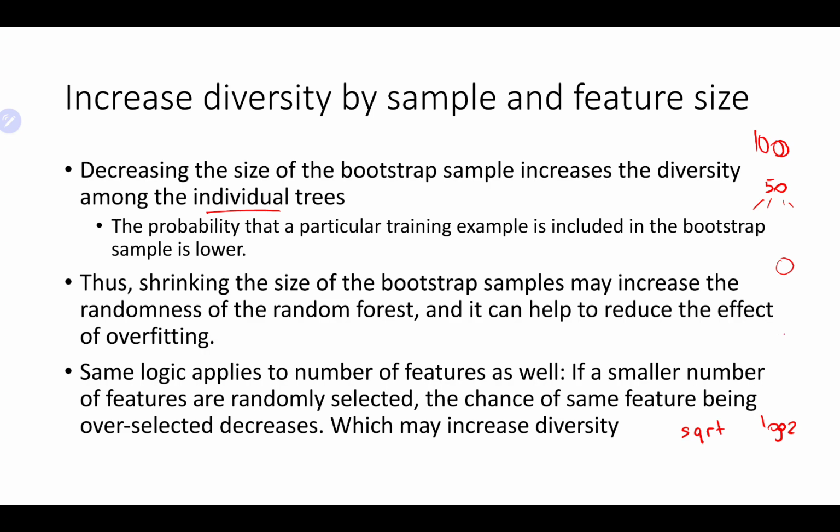But if you decrease the number of features to be considered, then the chance of that dominant feature being selected decreases. And since that chance decreases, the features selected at each node will be quite different among the trees. So each tree will be different from the others. In turn, this might increase the diversity in your decision trees and in your random forest, or your ensemble model, at the end.